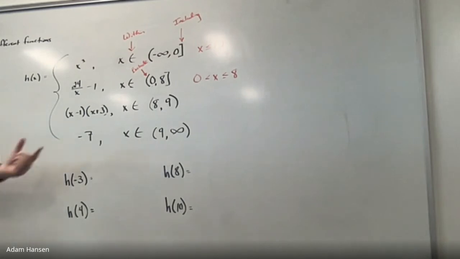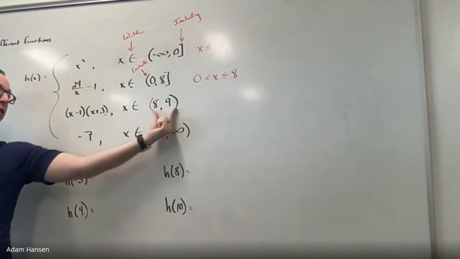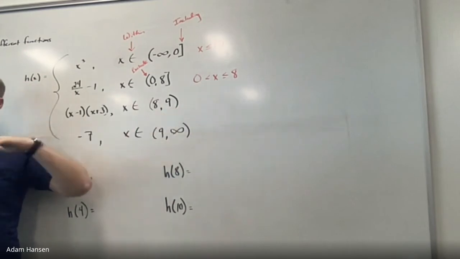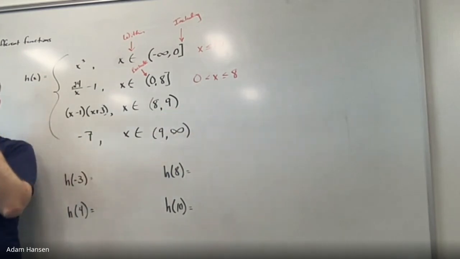Describe what this means then. X is within the interval 8 to 9. What does that mean? Is it equal to 8 or 9? No. It's in between, but including neither endpoint, right? Excluding both 8 and 9 themselves.